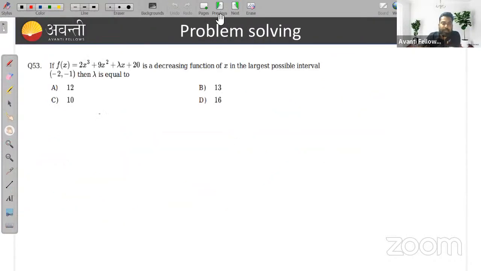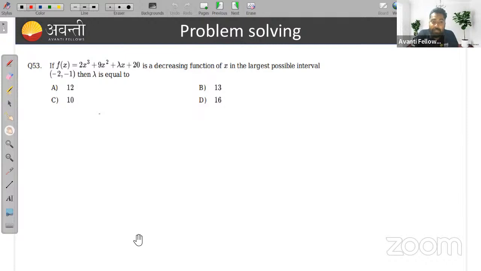So f(x) = 2x^3 + 9x^2 + λx + 20 is a decreasing function of x in the largest possible interval (-2, -1). That means when we are going from -2 to -1, the function is decreasing, right?